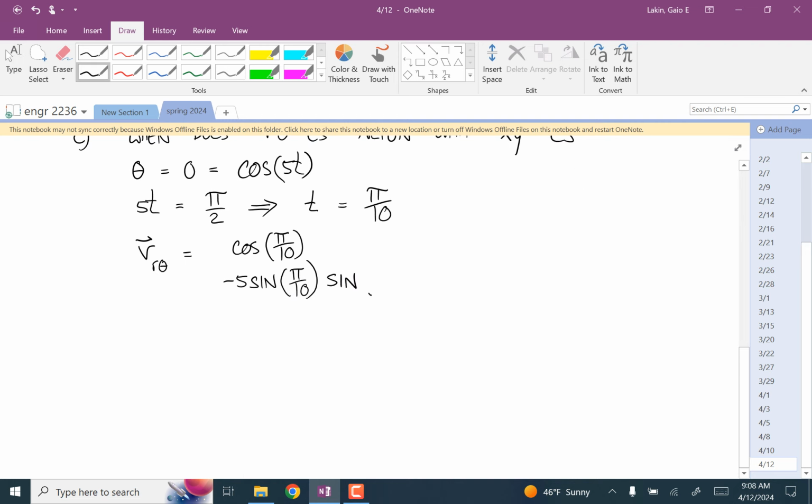So that's pi over 2. And we could approximate this. So that is 1 for the r component, the first component.